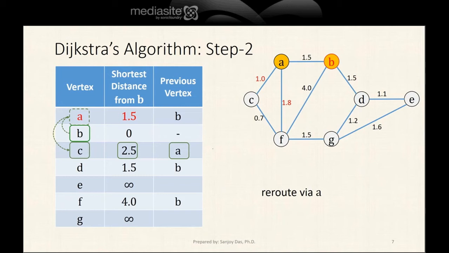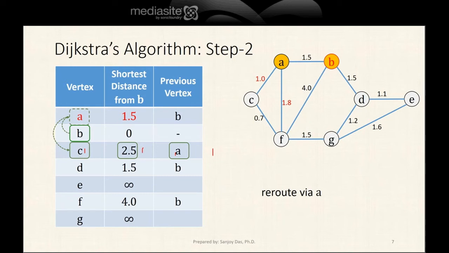And the previous vertex, I update it to A, which means that in order to enter C, so far the best path that I found is through A, and the shortest distance is 2.5.